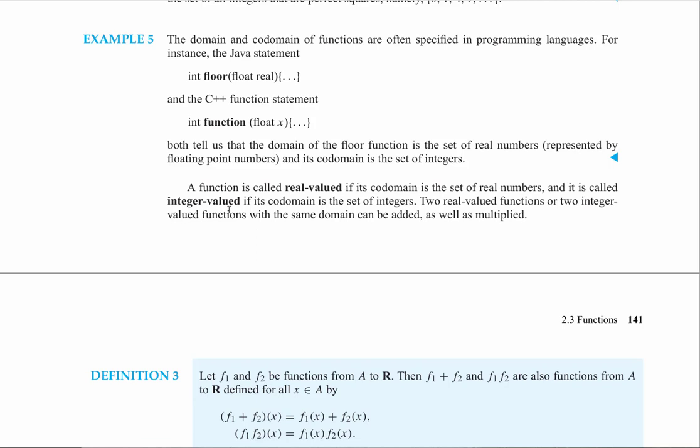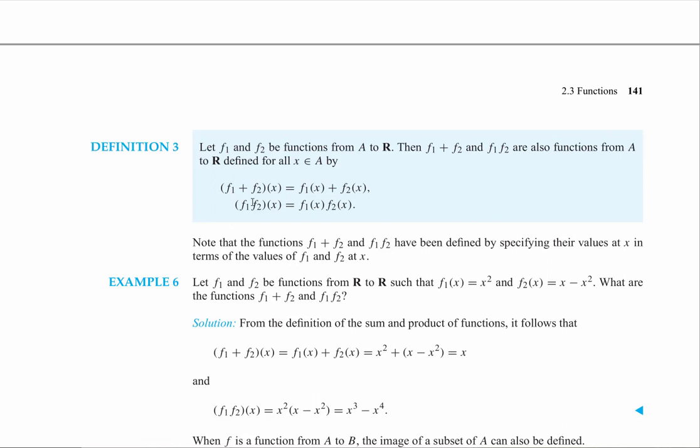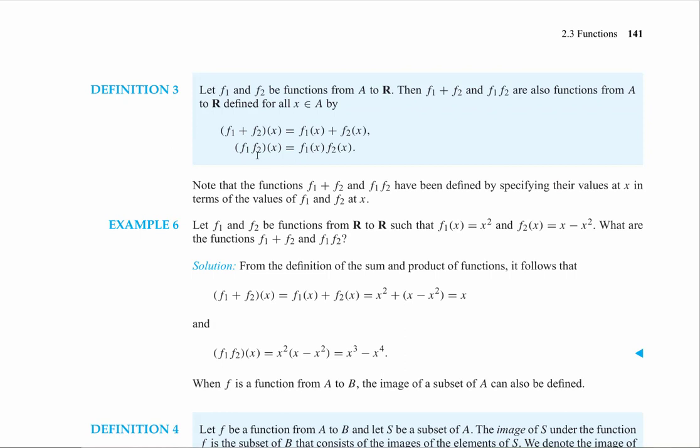An integer valued function means the codomain is the set of integers, so integers coming out. If you have two functions that are real valued, then there's a way to add them together or multiply them. You just add the outputs or multiply the outputs. This is all covered in more detail in pre-calculus math 30.